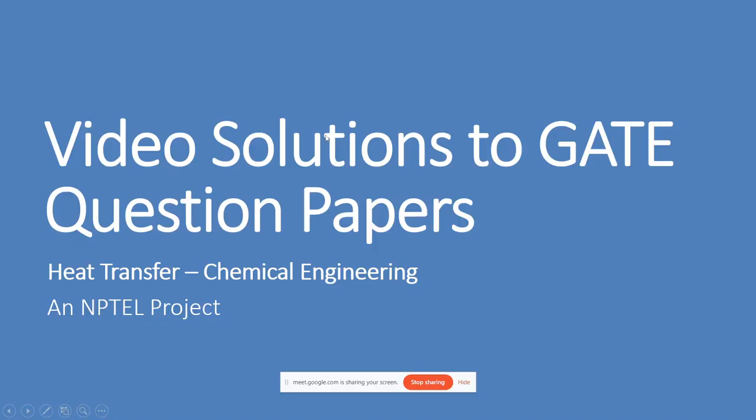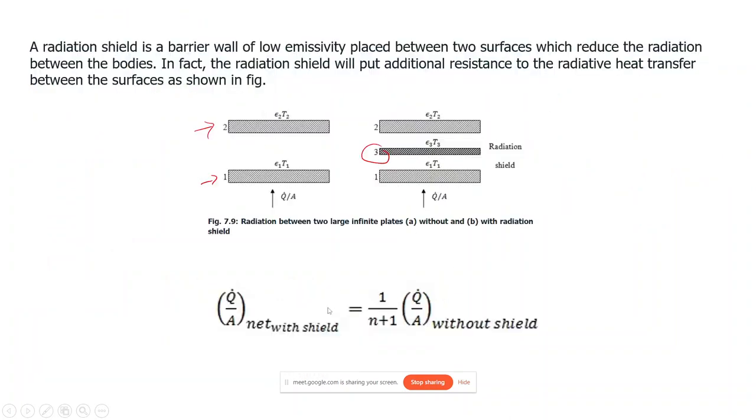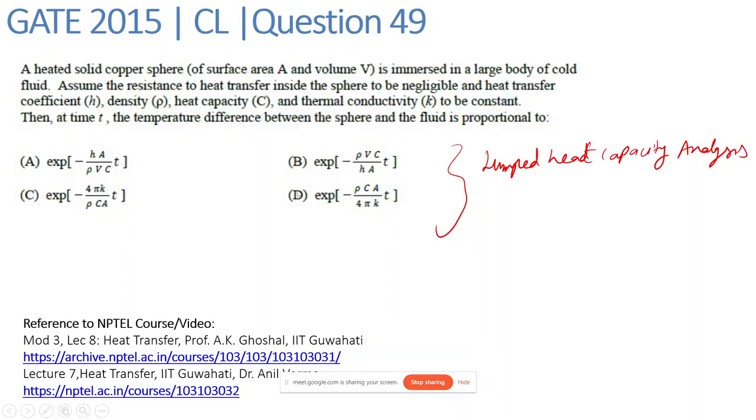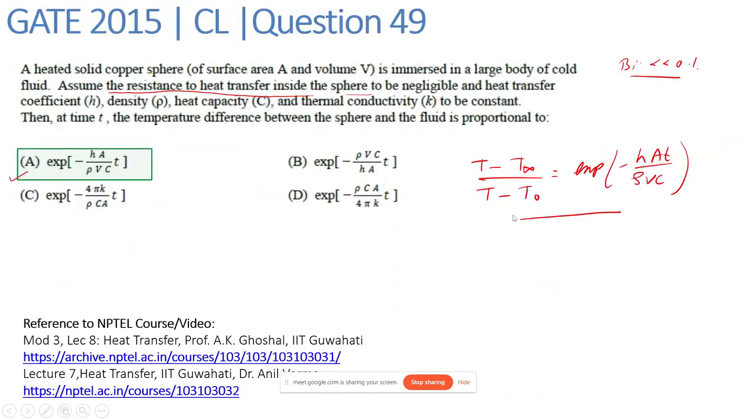The first question was related to radiation shield. This kind of question has been asked multiple times in GATE, where we have to straight away use this formula. Then a fairly straightforward question related to lumped heat capacity analysis, which is also widely asked in GATE question papers.